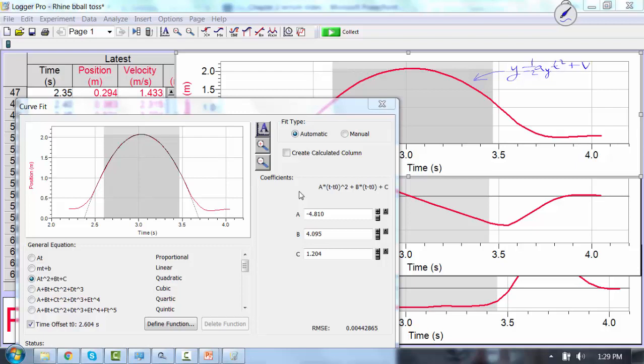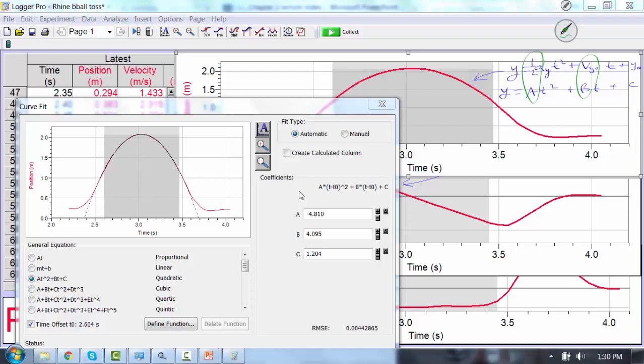Now the equation they're giving us, which is down over here, is y equals at squared plus bt plus c. And what they're basically saying is that their A, B, and C should match our coefficients up here. So our A should equal 1/2 a_y.